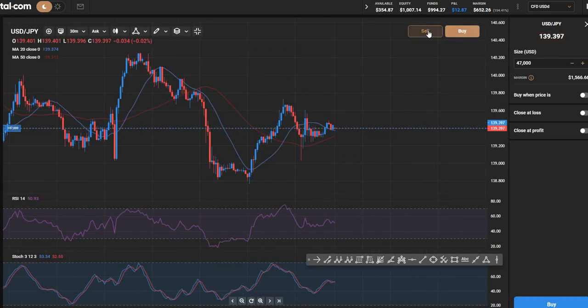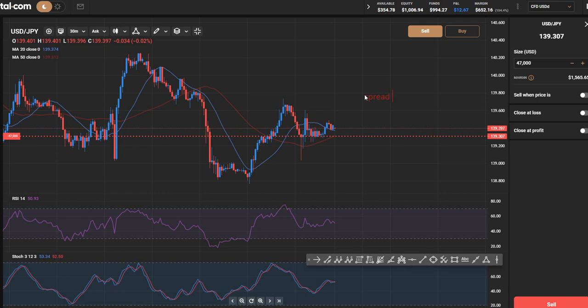So the difference is 0.09, the spread on this particular one is 0.09. You can clearly see it's currently at 397. If I click on buy, 397. Click on sell, 70. So that is the spread for this one here.